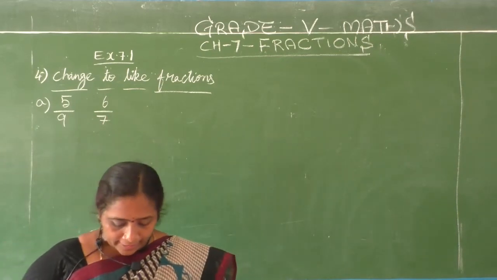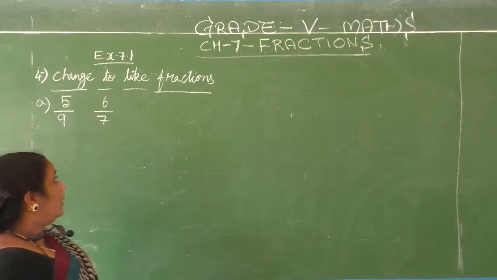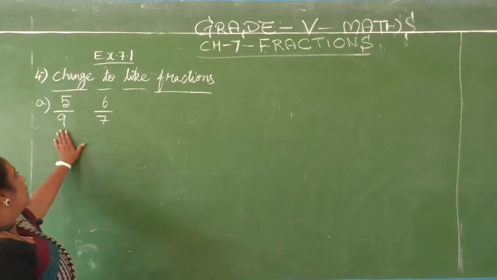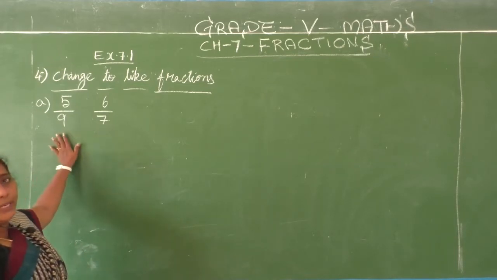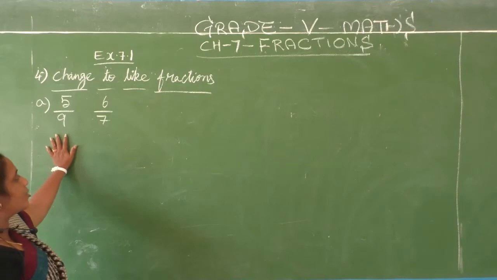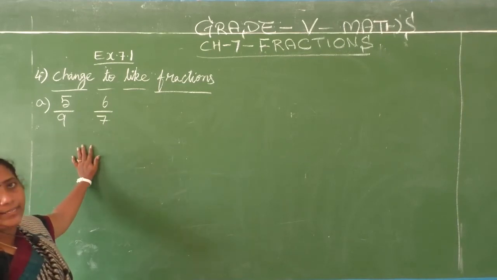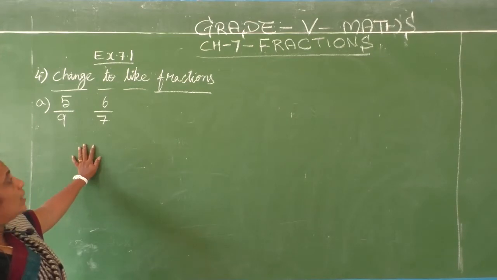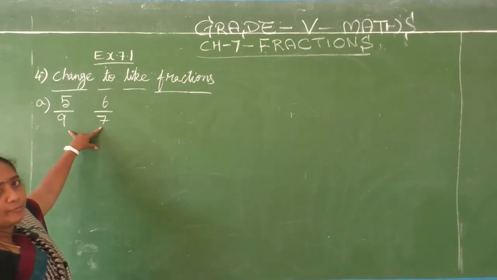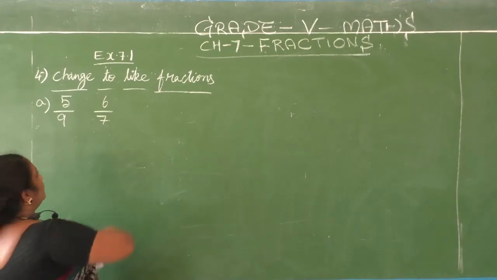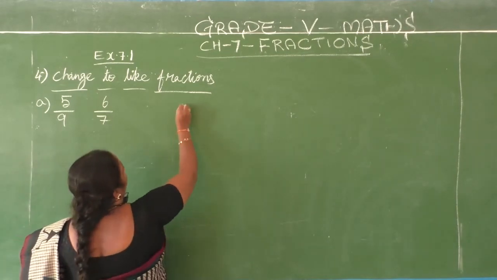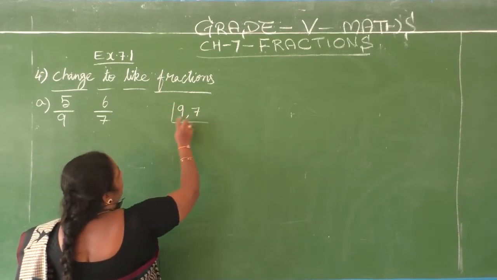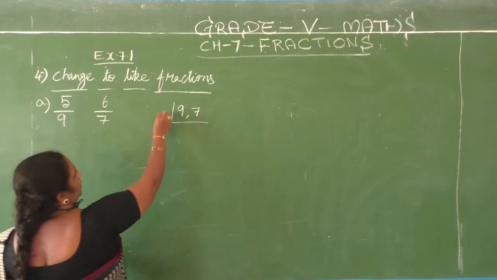See, change to like fractions means what is the condition? If the fractions are like fractions, we need the same denominator, but here they gave different denominators. So to make the same denominator, first we have to take the LCM for the denominators. See what the denominators are here? 9 and 7. There are no common factors between 9 and 7.